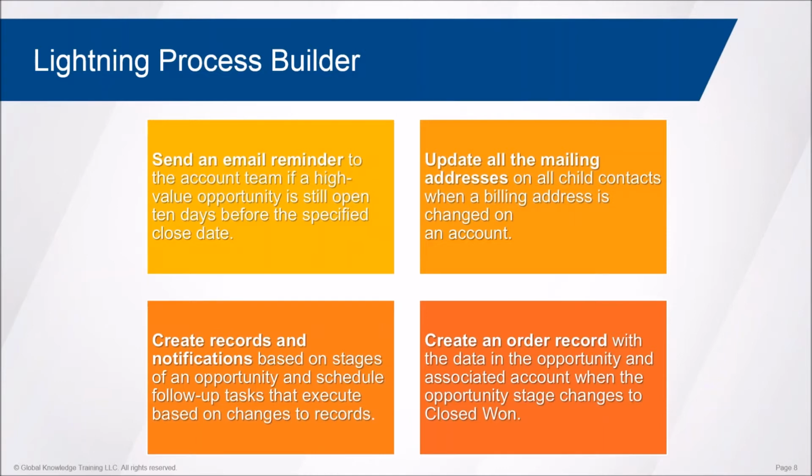We can create records and notifications based on stages of an opportunity and schedule follow-up tasks that execute based on changes to those records. I'm going to show you a brief process toward the end of this portion of the webinar that shows you what I'm referring to there.